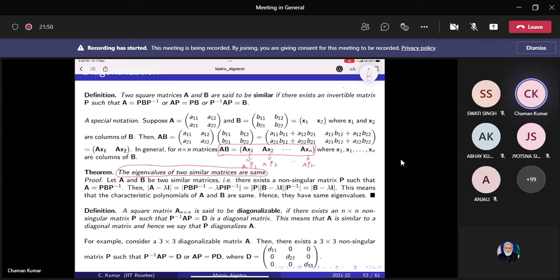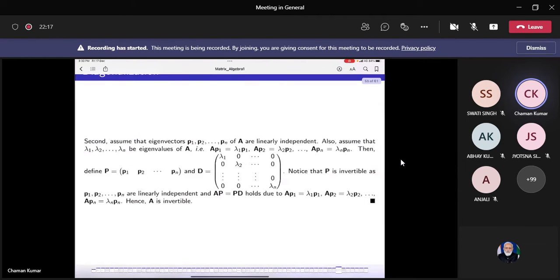So A is diagonalizable, that means A is similar to the diagonal matrix. And if A and the diagonal matrix are similar, then they will have the same eigenvalues. And the eigenvalues of a diagonal matrix are the diagonal elements of the diagonal matrix.